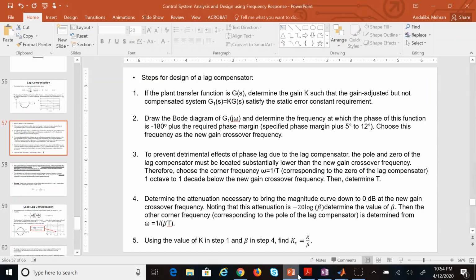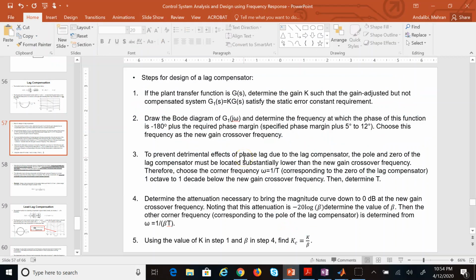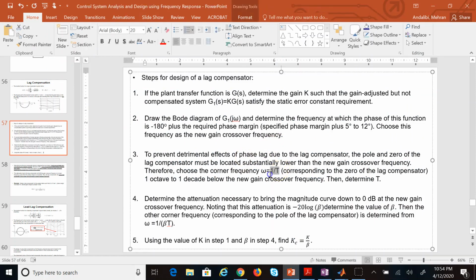So I can choose 0.46 or something like that. And then I make sure that the zero of the compensator, which is located at 1 over T, is somewhere between 1 octave to 1 decade below this number.